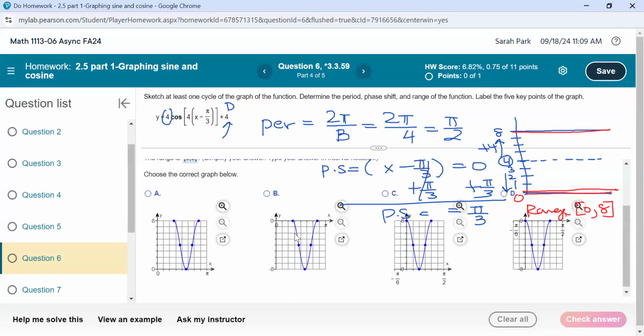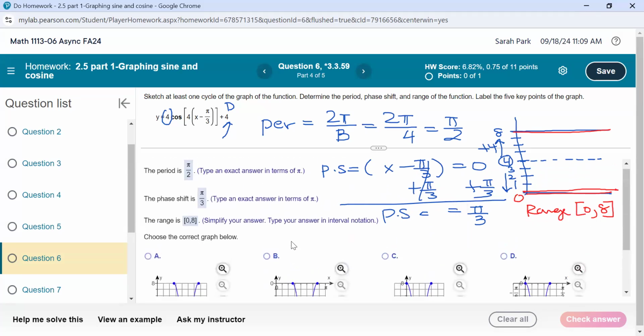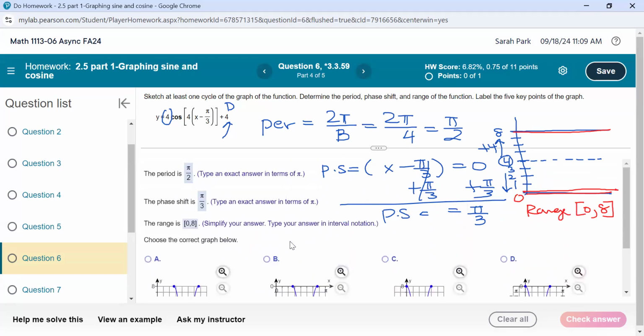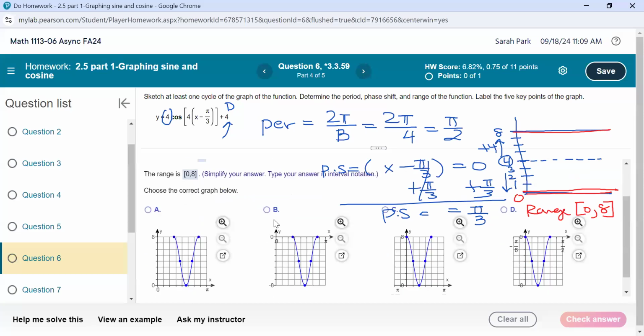Okay. Next, we have to choose a graph. So you can use a calculator to graph this, right? And I can also see which of these, let's try eliminating some that don't make sense. So if I know that our midline is at 4, my graph better have a midline at 4.